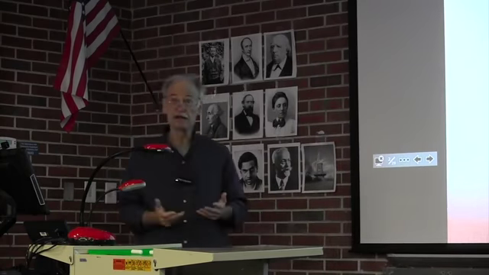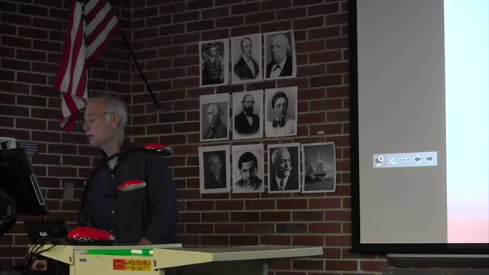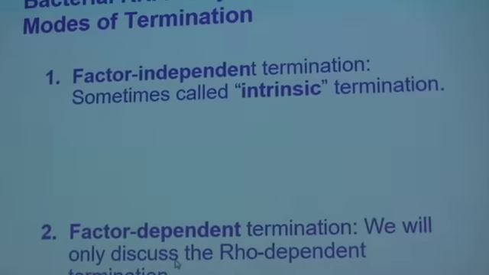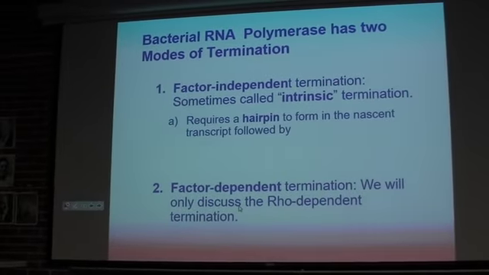A hairpin is involved in both mechanisms to cause the RNA polymerase to pause. Every time you see a hairpin that's made by the transcript, RNA polymerase pauses. The vast majority of the time, no termination occurs. So let's see how nature has designed this termination.